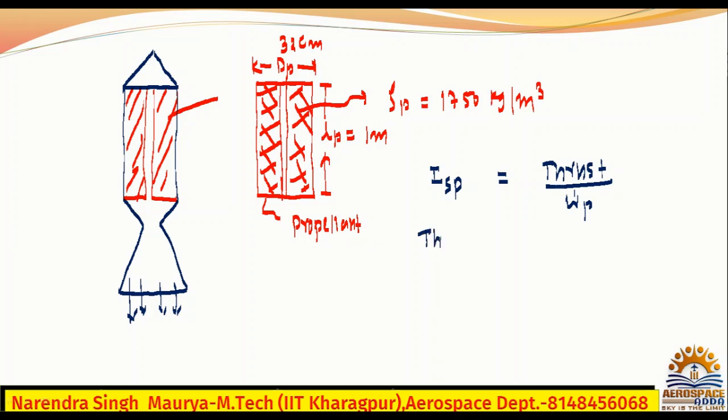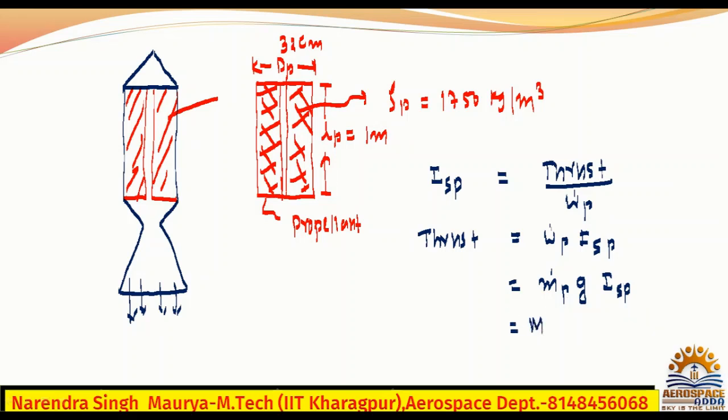So what will be the thrust? It is W dot P, weight flow rate of the propellant, into ISP, or you can write M dot P into G into ISP. So what is the M dot P? M dot P is nothing but mass of the propellant divided by burning time of the propellant, into G into ISP. This is nothing but thrust.